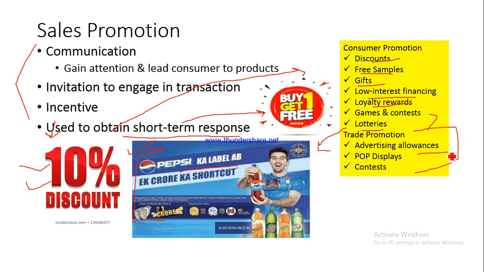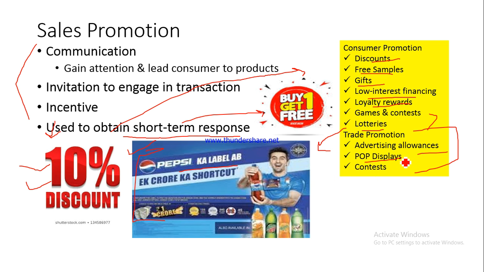LG will do national advertising on national TV or newspapers, and then LG will also provide some allowance to the dealers in different places, in different districts, so that they can come up with advertising campaigns at the local level. So you might see the local LG dealer distributing some pamphlets. For that he must have received some allowance from LG. Now this is trade promotion, and since this has been directed towards the intermediary, it is known as trade promotion.